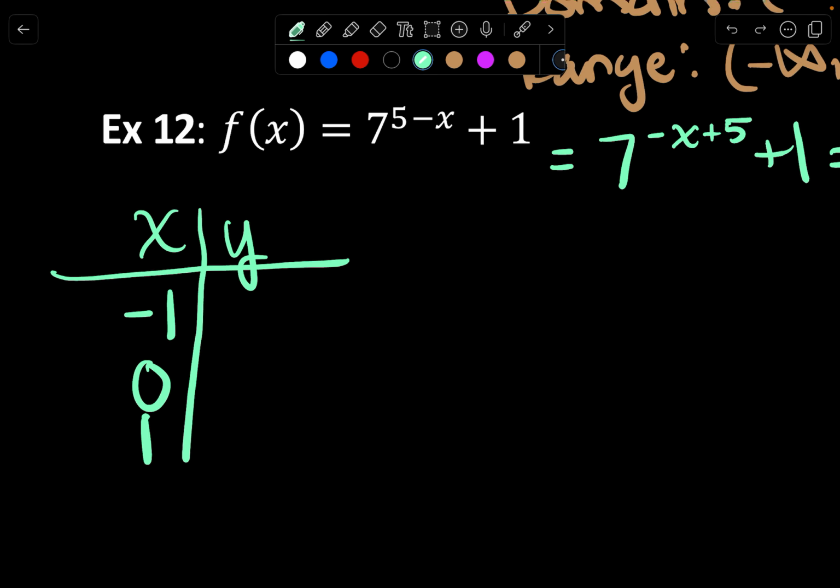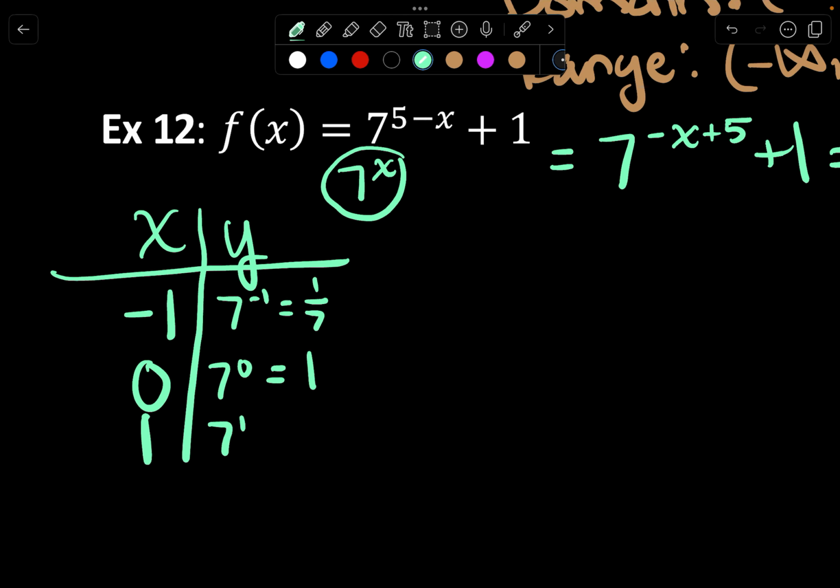All right, so with this one, just plug it in. Our parent function is going to be 7 raised to the x. So if I plug in -1 for x, I get 7 to the power of -1, which is equal to 1 over 7. If we plug in 0, anything to the power of 0 is 1. If we plug in 1, it's just going to be 7.